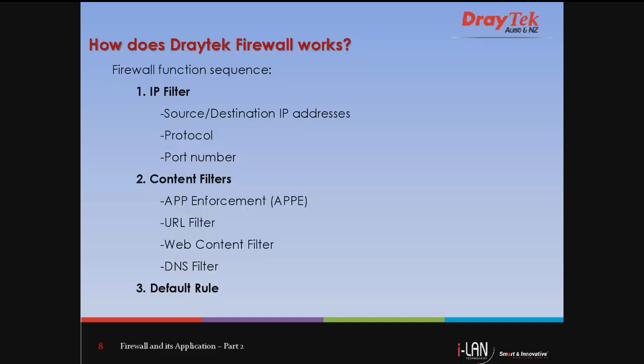After IP filter, it will proceed to content filters, where packets are scanned according to the application being used, like URL, web content, and DNS. If the packet does not match on IP filter and content filters, the last checking is the default rule of the firewall.